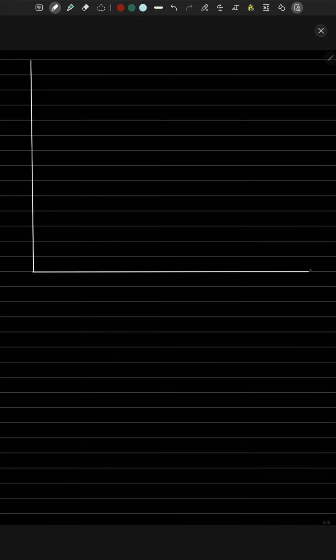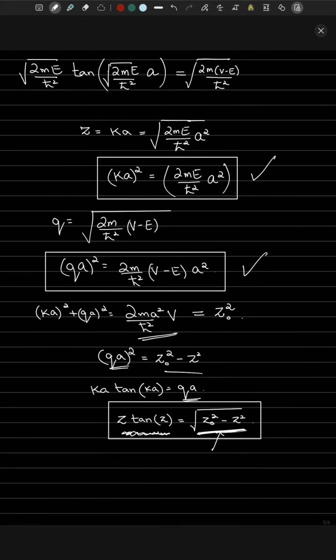I'm going to do. You have on your horizontal axis z, and on the vertical axis f of z. Now if you look at this equation, you have to keep it in mind all the time while drawing this graph.